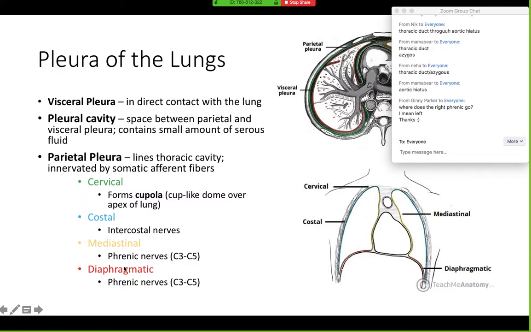And then also important, phrenic nerves are getting mediastinal and diaphragmatic pleura, and then costal pleura are intercostal nerves. And then this cup-like dome up here formed by the cervical pleura, that's the cupula. So you want to be familiar with this term here. I don't know exactly how to say it. Be familiar with this word.